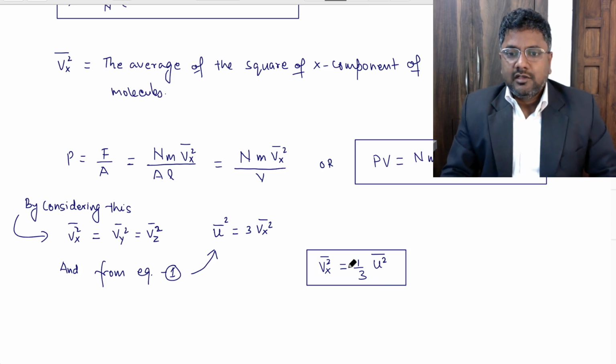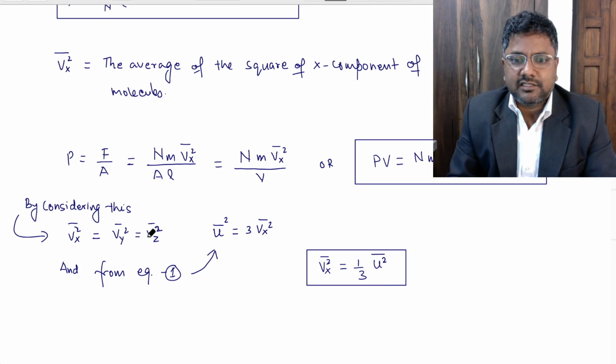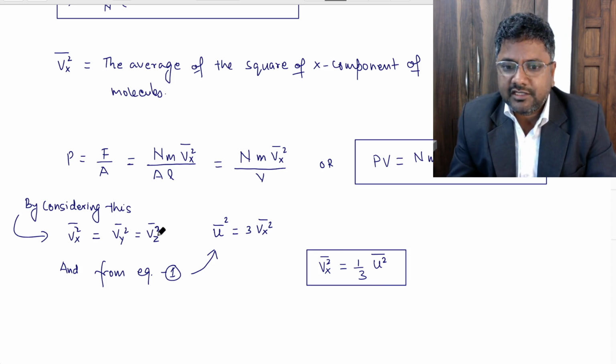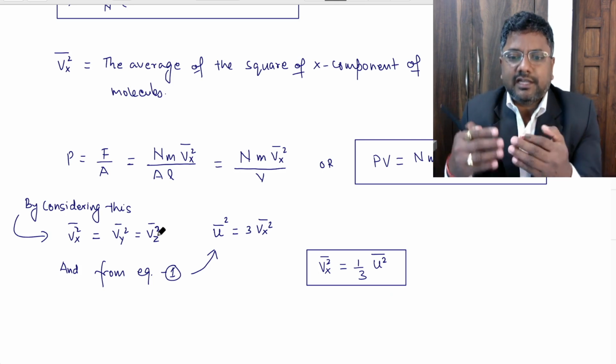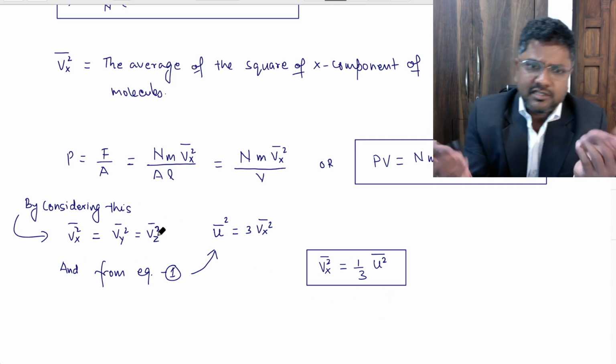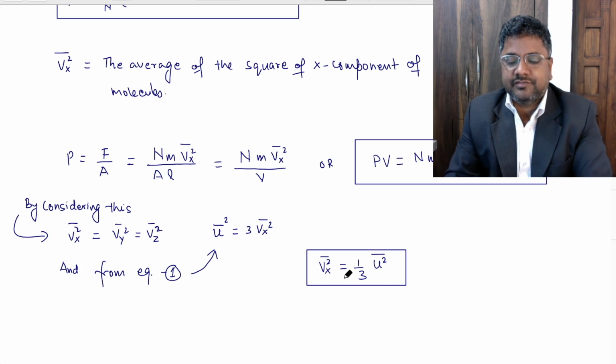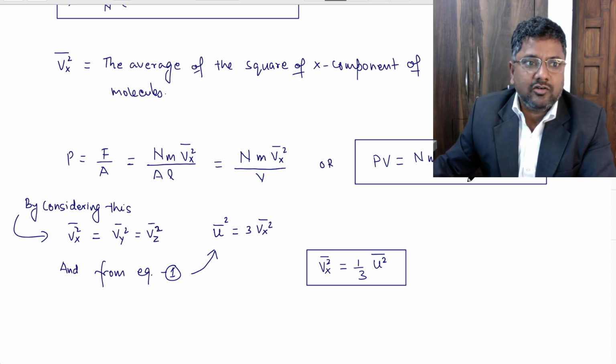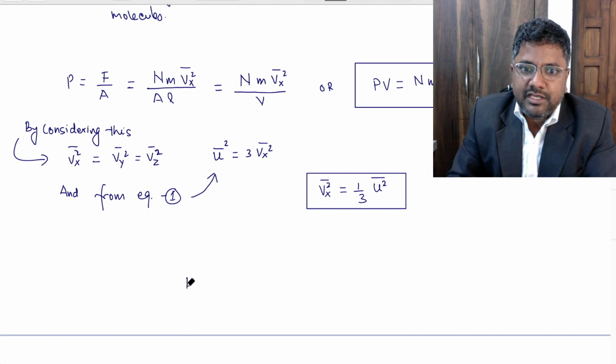By considering that all components are equal, this is called the law of equipartition of energy. We are not considering here that the x component has more value than the y or z component. So your equation 7 now becomes like this: PV is equal to 1 by 3 small m capital N u square bar.